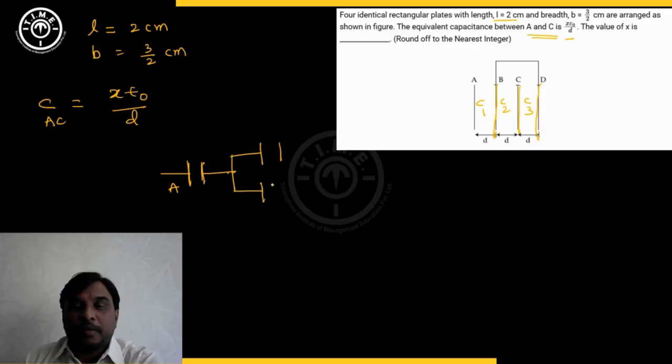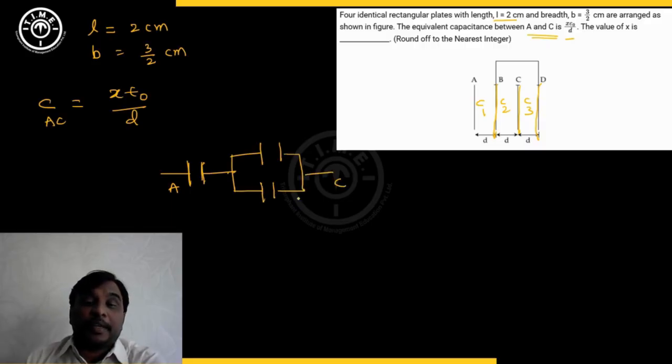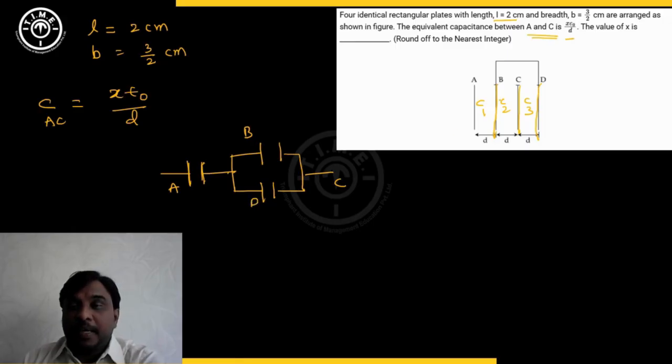Now you can say this is a C. You redraw it. So this is B and this is D. B and D are connected. Okay, B and D are connected. And the plate with C2 and with C3. This is a common plate for C2 and C3.